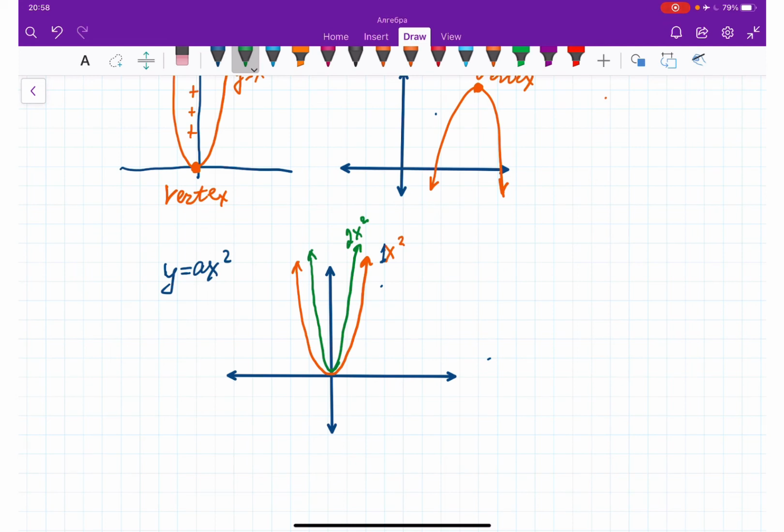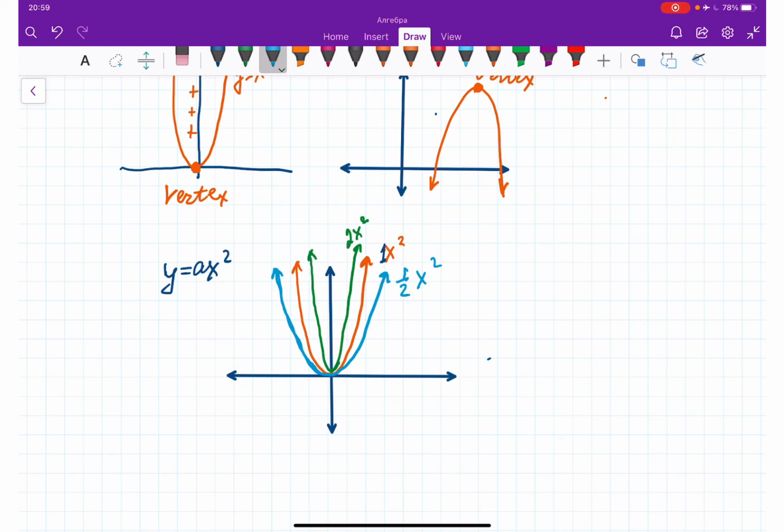Now, also, I can have a graph that's lying lower than 1x squared, let's say 1/2 of x squared.